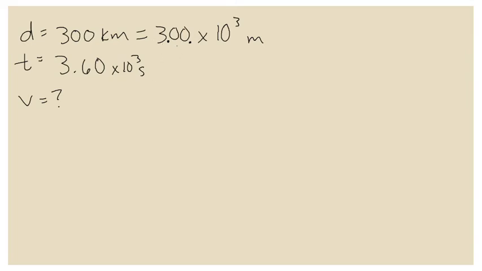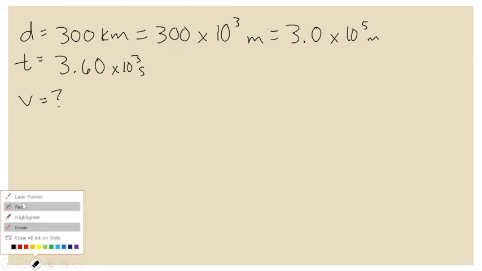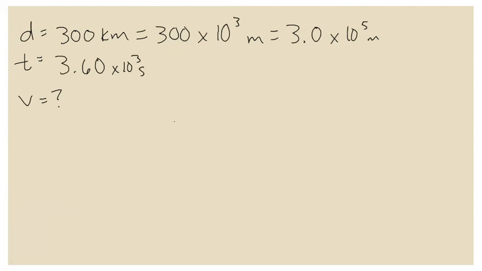And so notice, if I move the decimal point there, I would have to go 1, 2 places just to get it back to where the decimal point is now. So that means I just have to add 2 to the exponent, making this number 3.0 times 10 to the 5 meters. Now we're all set up to use our equation.